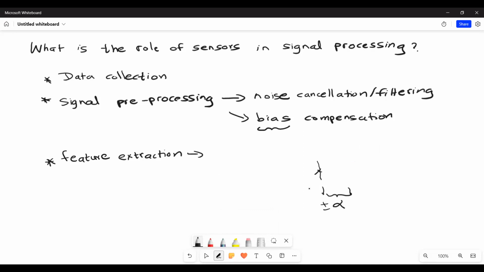So in feature extraction, we can enable the sensor to extract specific attributes of the data.